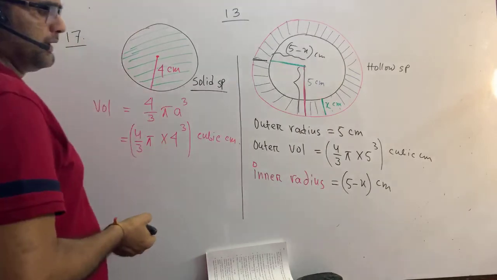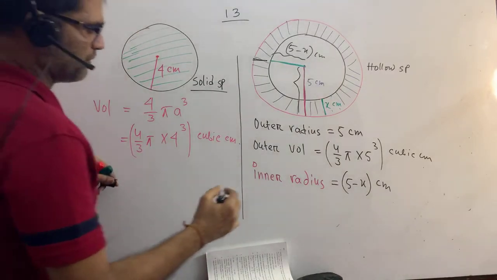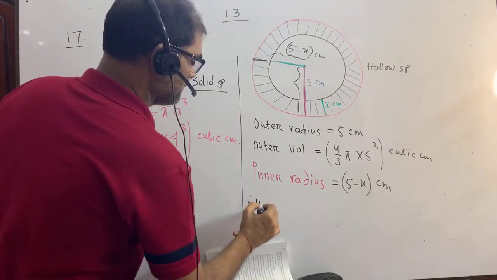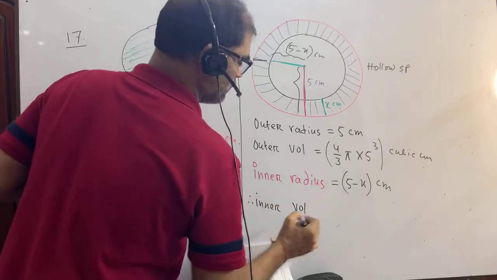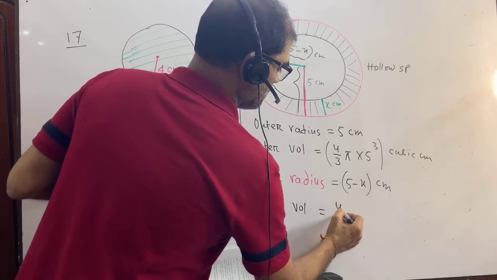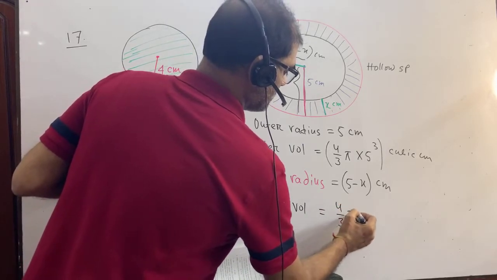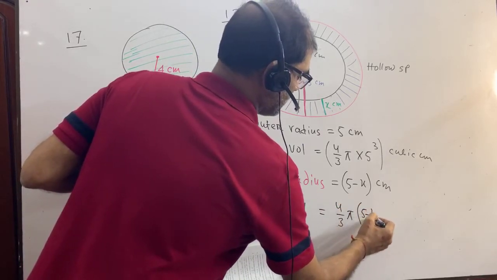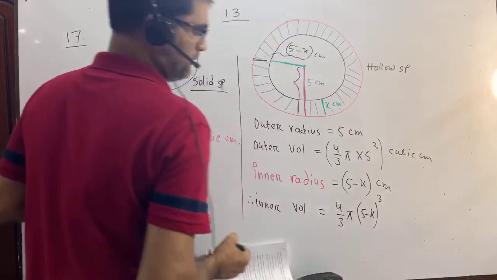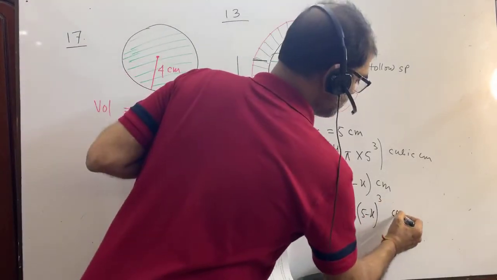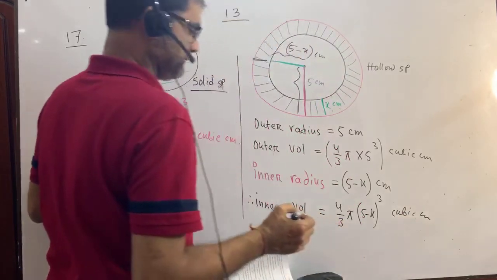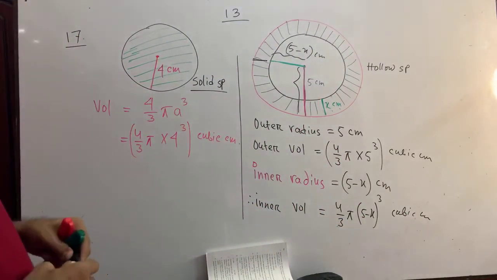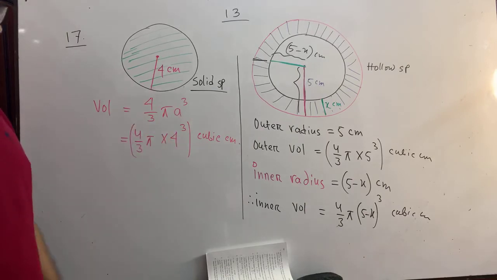So what is inner volume? Therefore, inner volume is equal to 4 by 3 pi into 5 minus x whole cube cubic centimeter. You have to know the formula, that is 4 by 3 pi a cube.